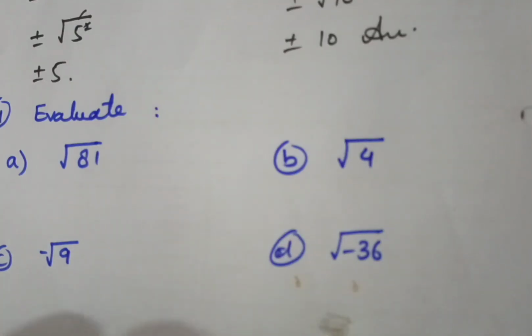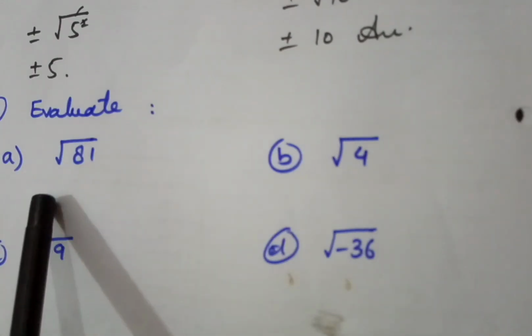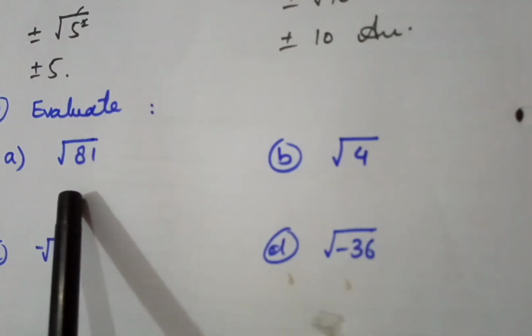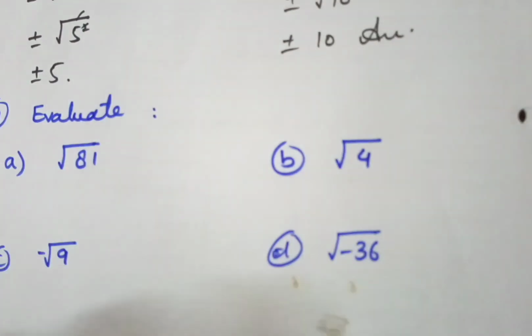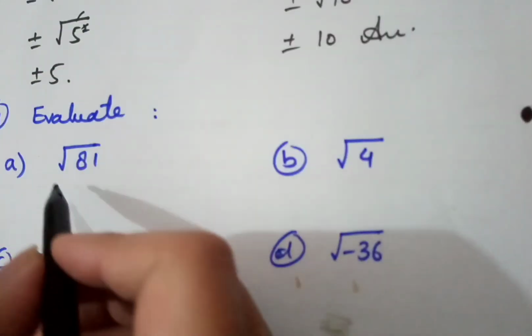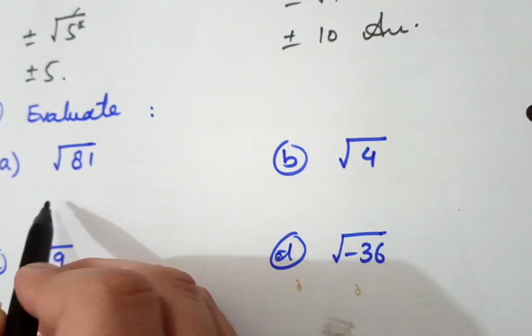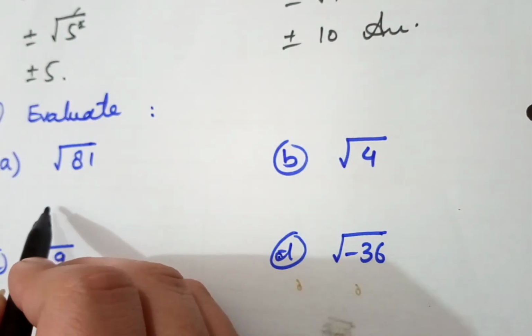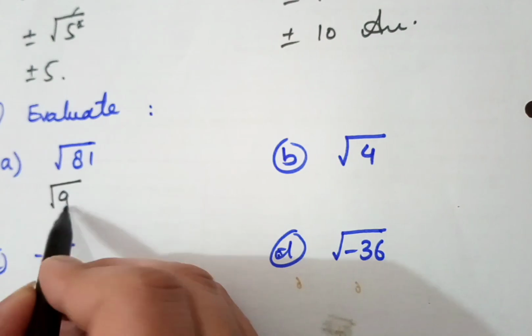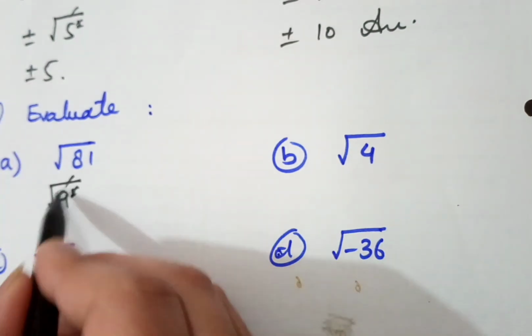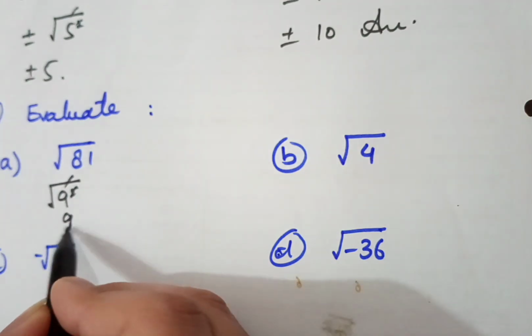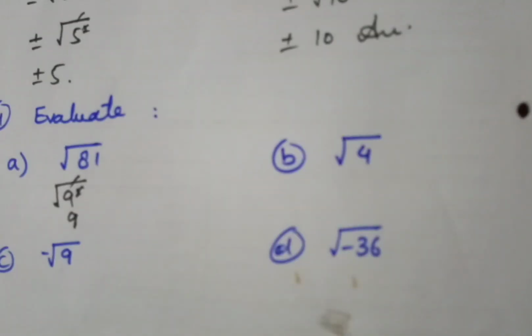Now question 4 is: evaluate each of the following where possible. The first part is square root of 81. Again students, we have the word evaluate, so we have to solve this square root. 81 is the perfect square of 9, so this square root and square undo each other and we get the answer 9. Now there's no need to put the plus and minus sign. Why?